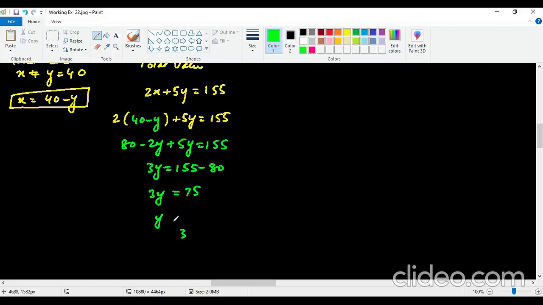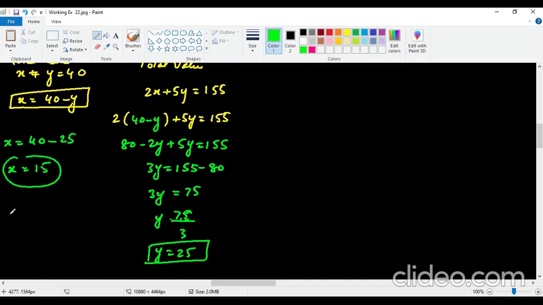So y will be equal to 25. I know the value of x is 40 minus 25. So the value of x is going to be 15. So now the answer becomes there are 15 2 cents coins and there are 25 5 cents coins.